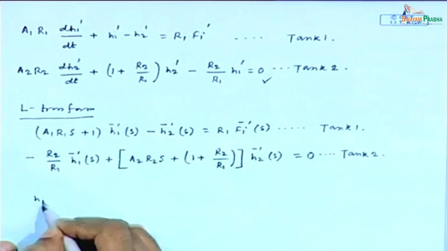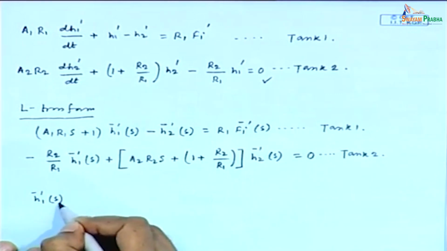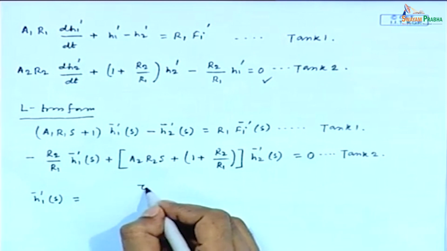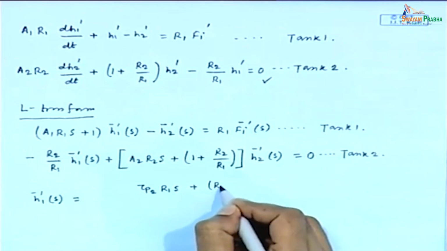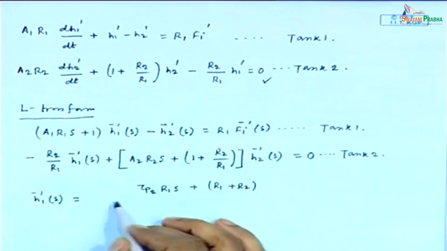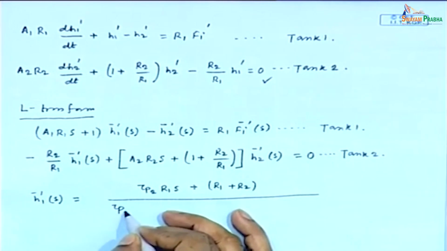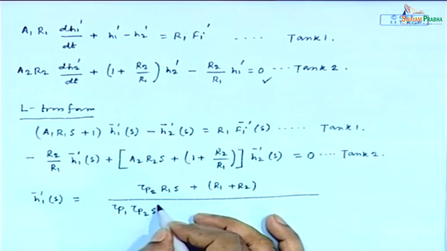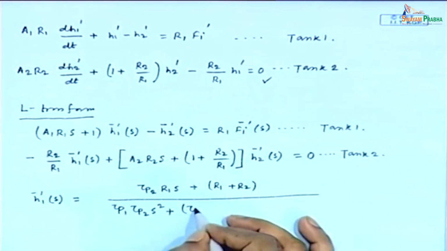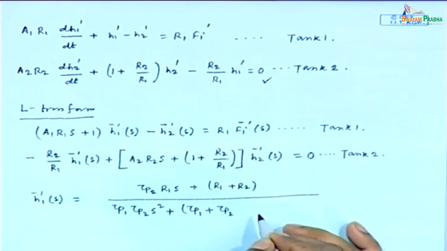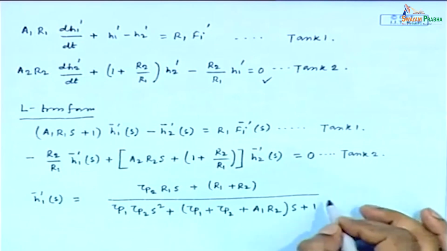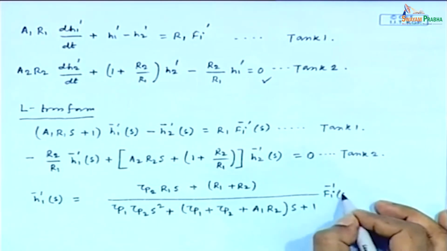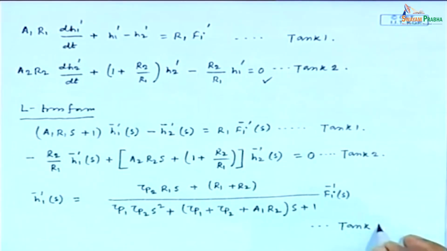Solving these two equations, we get the transfer function for tank 1 as H1 bar prime S equals (tau P2 R1 S plus R1 plus R2) divided by (tau P1 tau P2 S square plus (tau P1 plus tau P2 plus A1 R2) multiplied by S plus 1) Fi bar prime S. This is for tank 1.